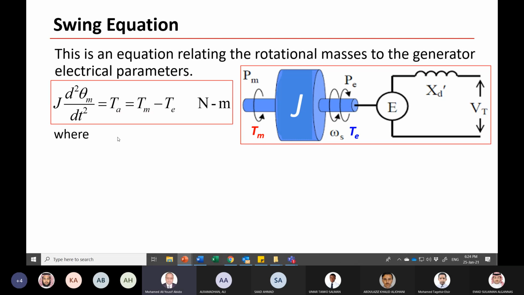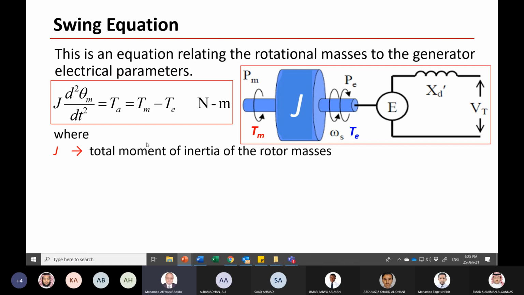So this is the equation of motion of any rotating mass. If this is a rotating mass that has an inertia J, then J times the acceleration, d squared theta by dt squared, or d omega by dt, or alpha, J alpha, equals the accelerating torque. This is the accelerating torque, which is the difference between the input and the output, T mechanical minus T electrical.